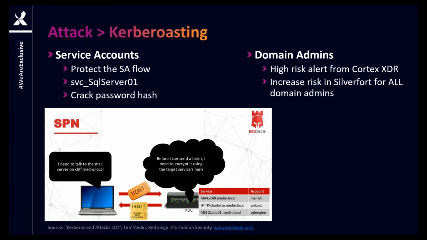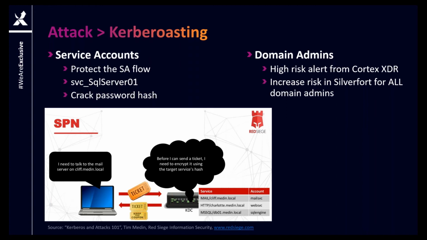Second thing is that since we will be a bit blocked, we will try to move to a domain admin and basically try to use another domain admin to gain access to the network. And we will see that Cortex will also give us a high risk alert on that part. Since we will get a high risk alert, our program will decide to increase the risk in Silverfort for all the domain admins in the environment.